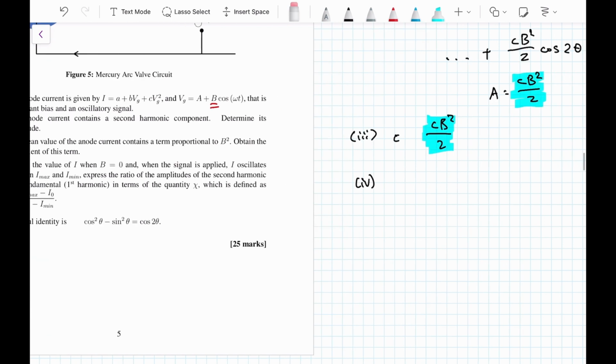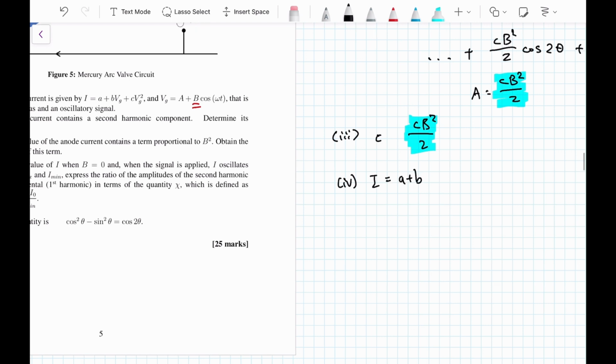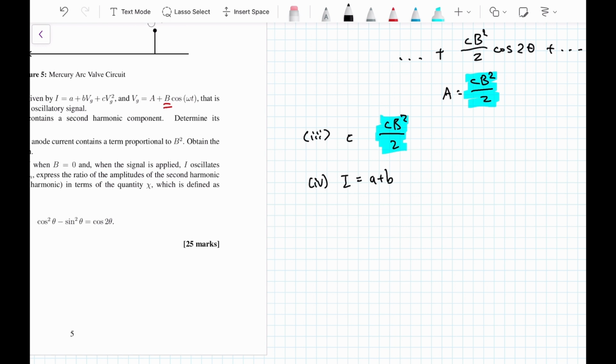So I is equal to a plus b, I0 will be equal to a plus b, and then what's left will be a plus the a squared. So that is I0.